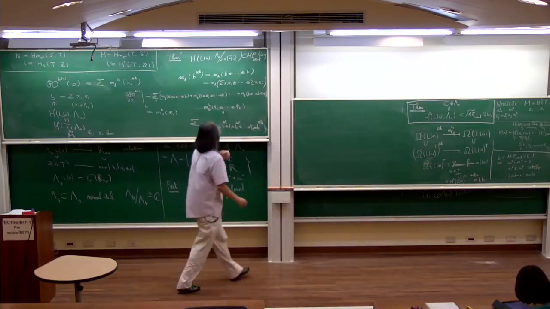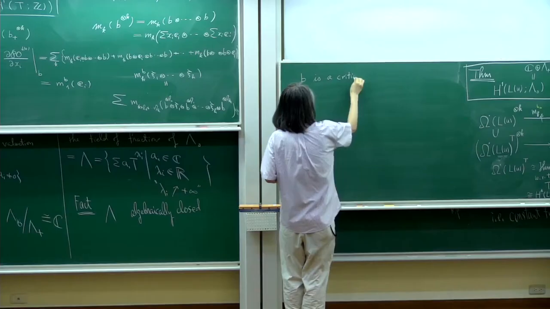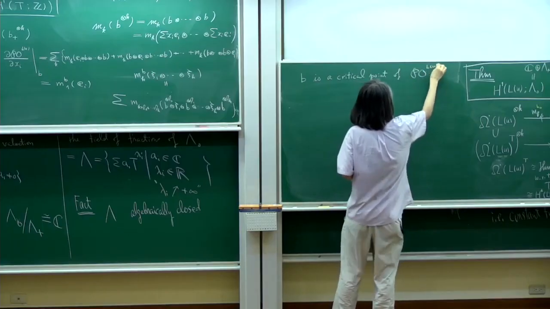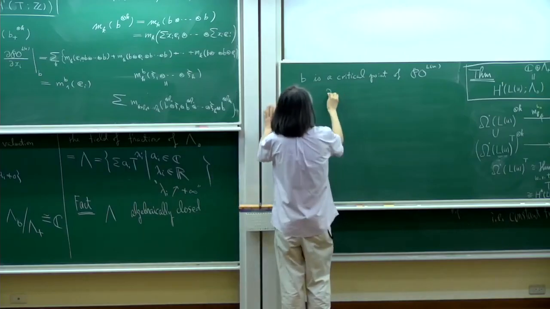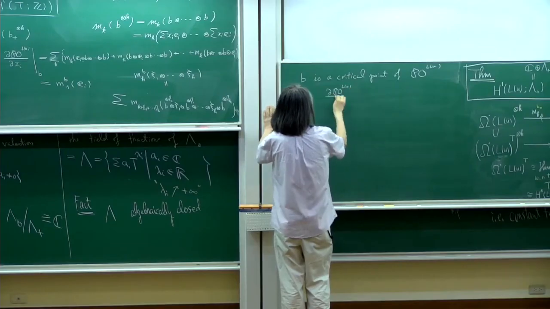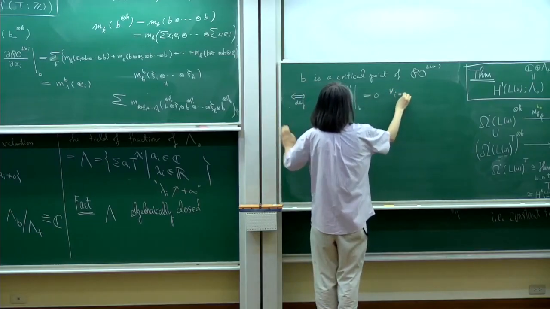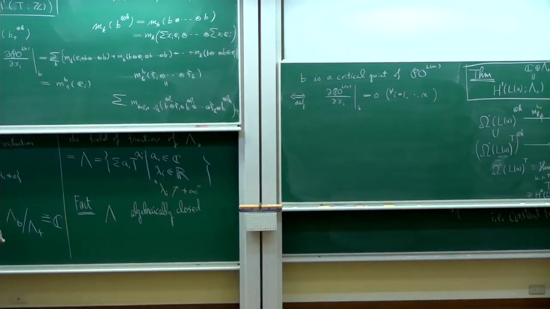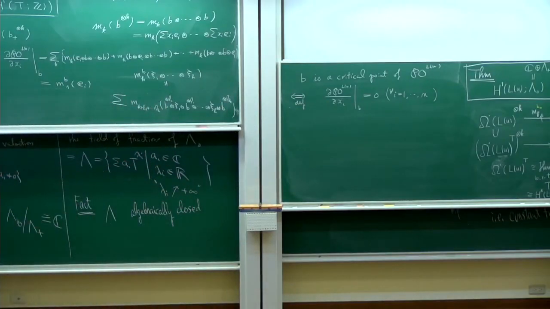So if we call b a critical point of this function, because the potential function is a function on H^1, so I have a basis and I have a coordinate, and then I just consider the directional derivative in all directions, and if all vanish, then we call it a critical point.